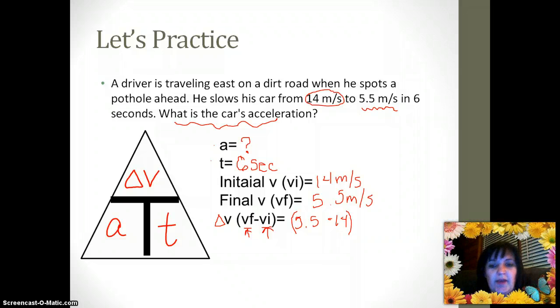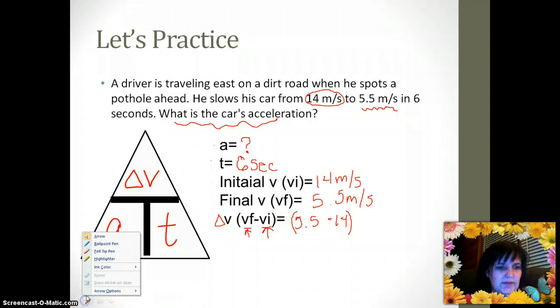Well, you can use your iPad calculator, you can't use your phone. So I'm going to take my 5 minus 14, and I get negative 9 as my delta v. It's okay to be negative, because negative tells me I'm slowing down. I need to turn the pen back on so you can see what I'm doing.